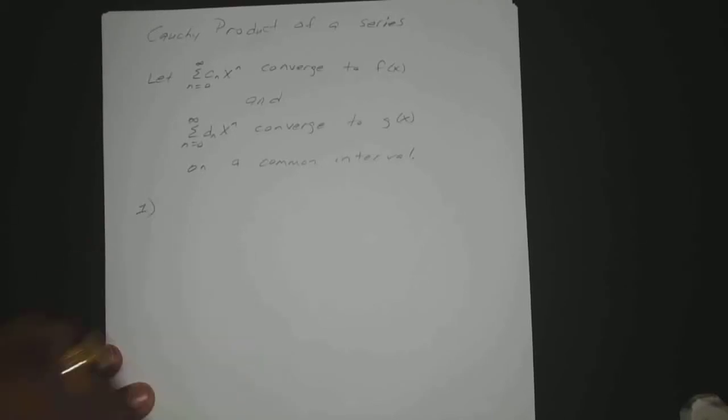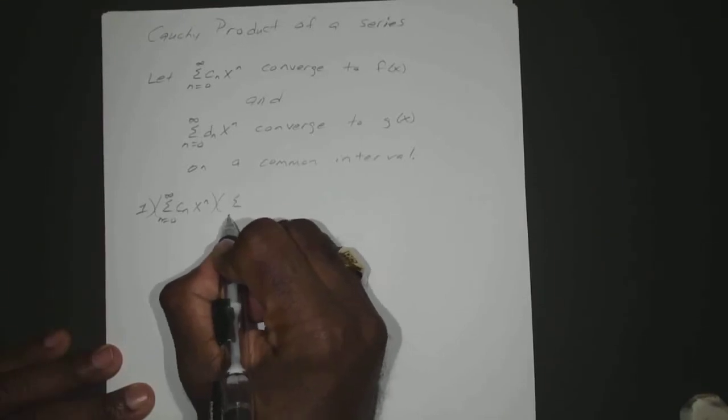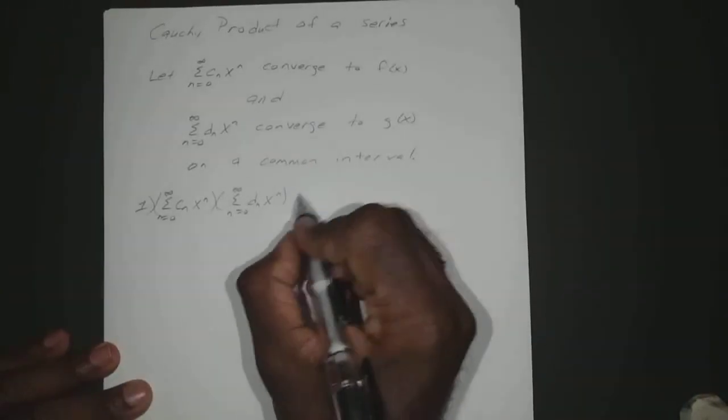Okay. So let's say for 1, we have the sum from n equals 0 to infinity of c sub n times x to the nth power, times the sum from n equals 0 to infinity of d sub n times x to the nth power.